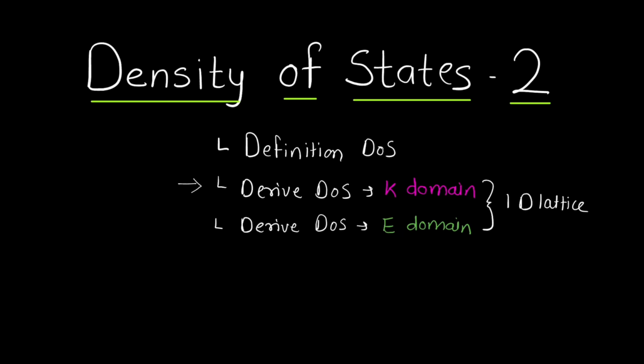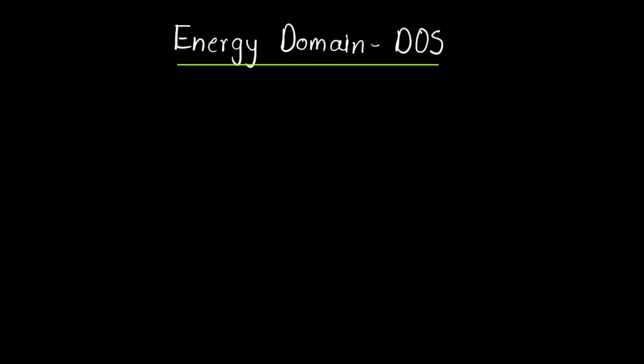Now let's move to the last part of this video, which is to derive the density of states in the energy domain. For that, we need to know how the states are distributed in the energy domain. And the relation between energy and frequency of an electron state is given by this famous equation, which is also derived from the infinite potential well problem.